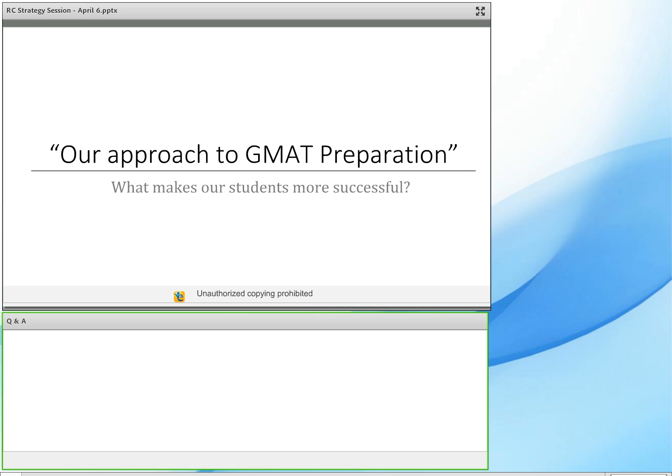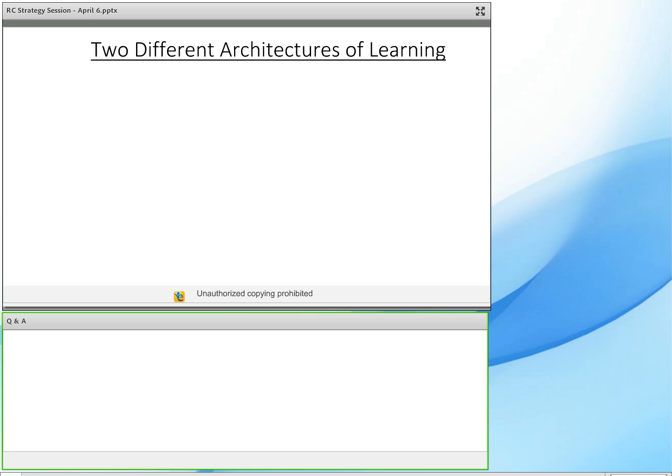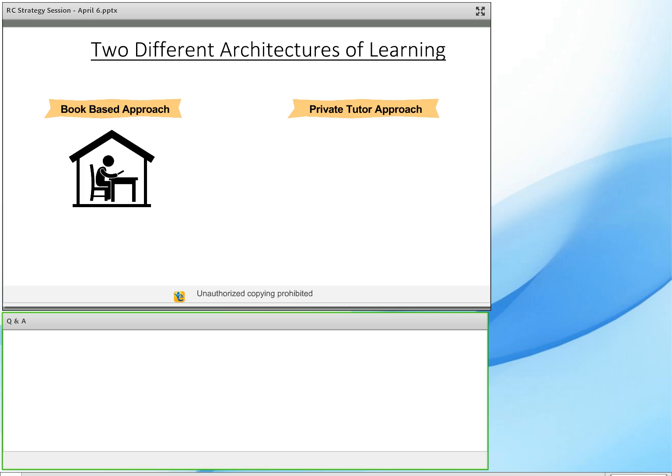To understand how our approach to GMAT preparation is different from the approach that many other prep companies take, let's look at the two learning architectures that exist today. One is the classical book-based architecture, and the second is a private tutoring-based architecture. Most of the prep companies that exist today are built around this book-based architecture.